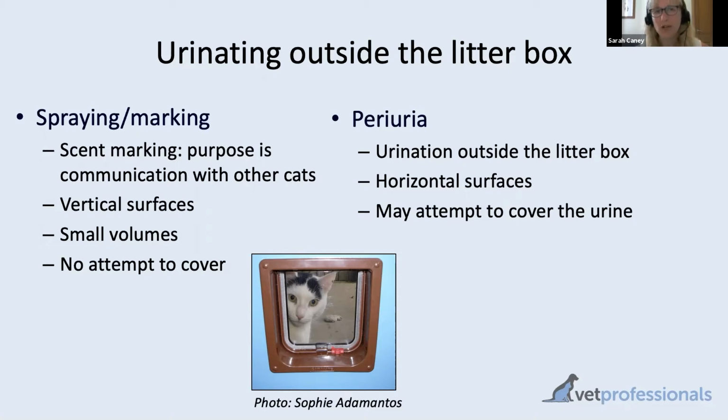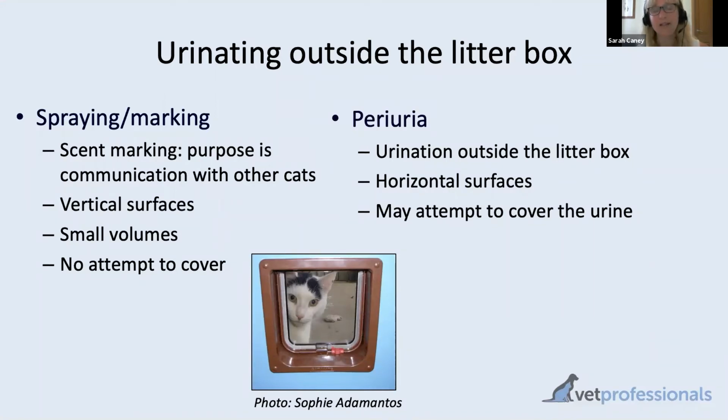But periuria describes the cat typically having a normal posture for urination and passing sometimes a small volume of urine if they have, for example, cystitis, lower urinary tract disease, but sometimes passing a normal volume of urine, for example, if there is another reason we'll come into in a moment for them not using their normal and what we would call appropriate toilet to pass their urine.